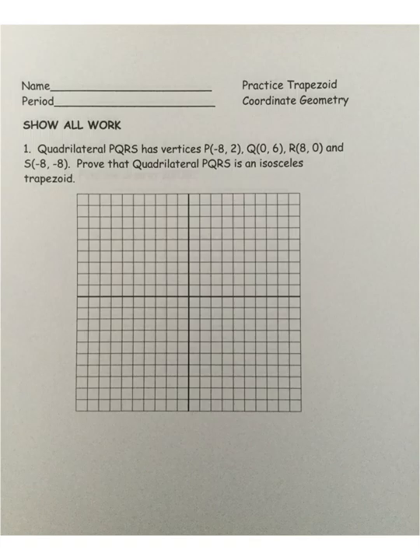Okay, we need to prove that we have an isosceles trapezoid. So I need to show one pair of sides congruent, so those would be the legs, one pair of sides parallel and one right angle.